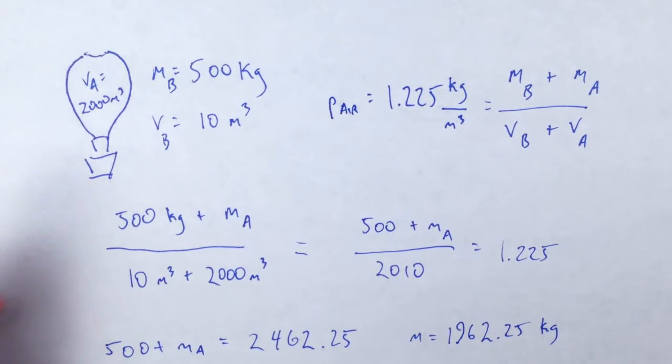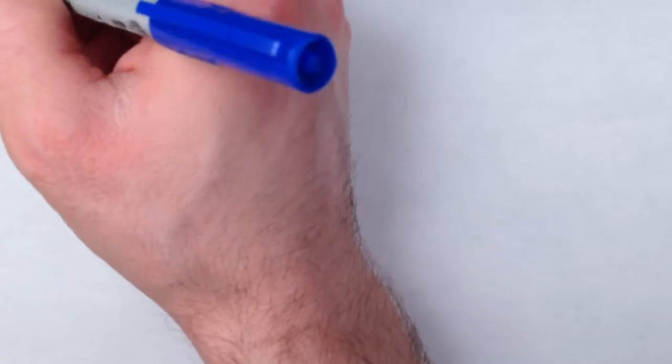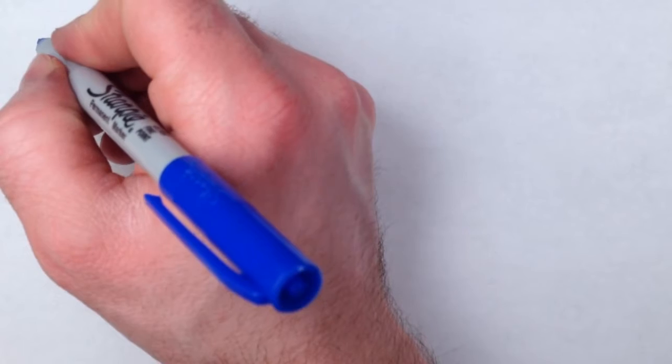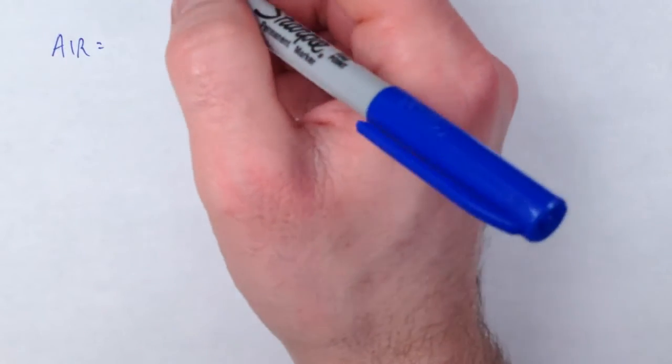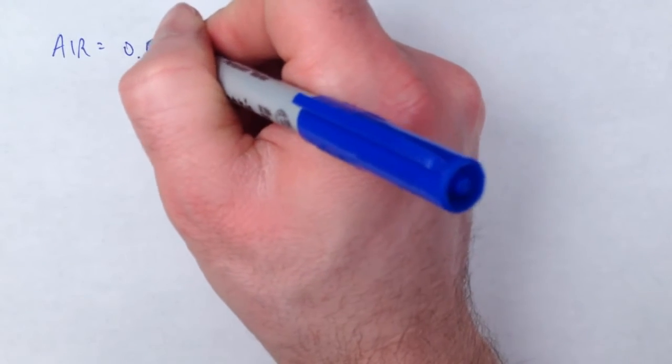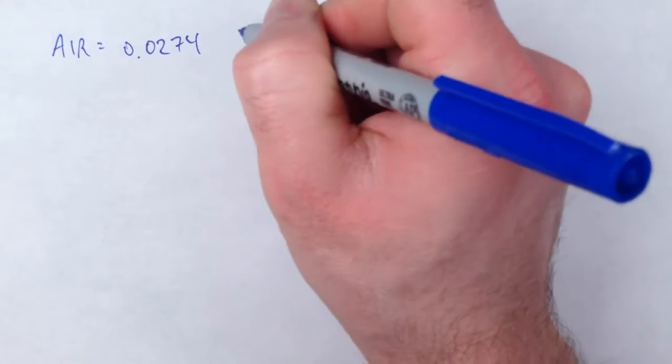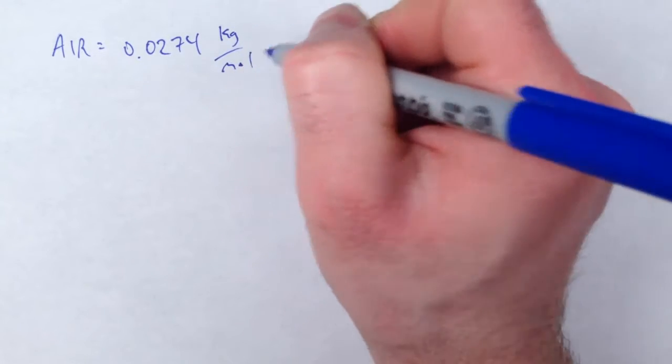All right? Well, in order to make that happen, we're going to need to take into account the density of air. If you look back on the previous video, we did end up finding the molar density of air. So for this case, we're going to be taking the density of air to be 0.0274 kilograms per mole.